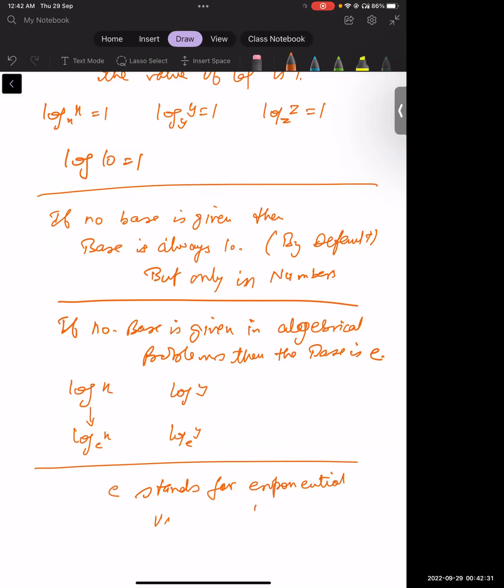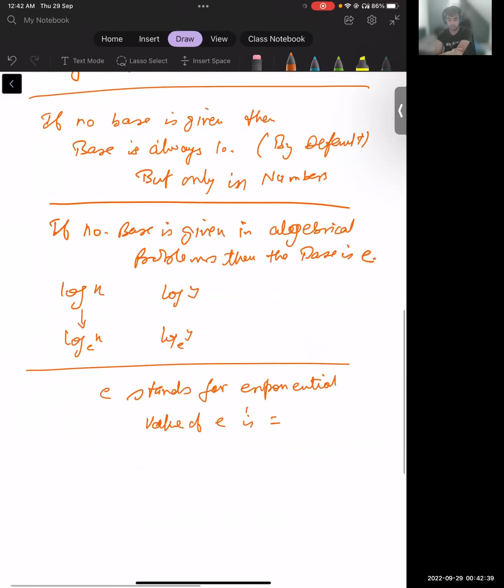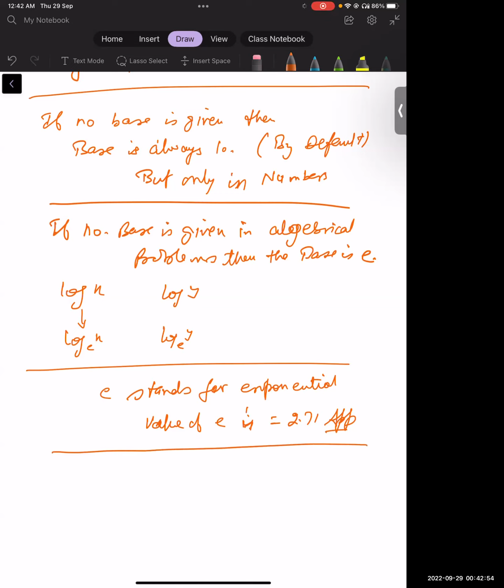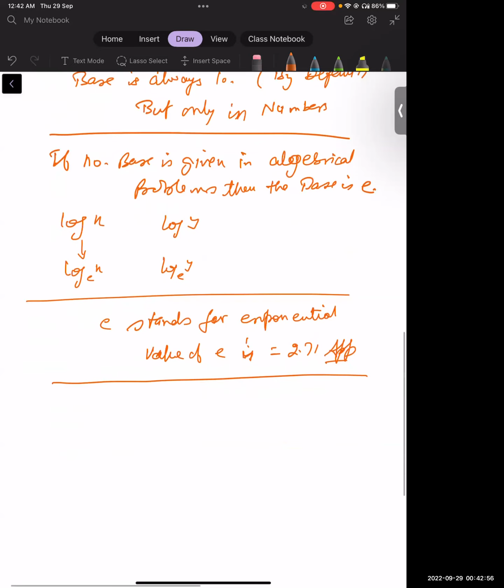The value of e is approximately 2.71. It is 2.70 something, but we write it as 2.7 approximately. Now, there come the properties of logarithm.